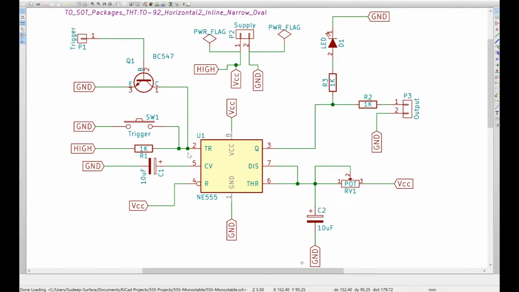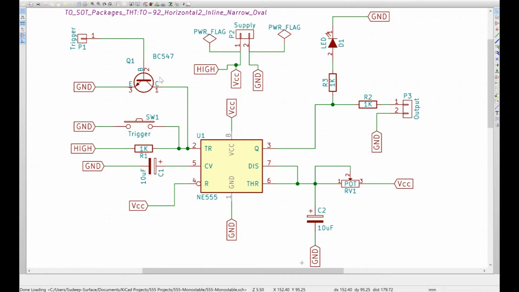So by default the trigger is always at the plus 5 volts, and when we press this switch it comes to a grounded state. So by actually giving 0 volts to pin 2, the trigger pin of the 555 timer, we do a trigger.